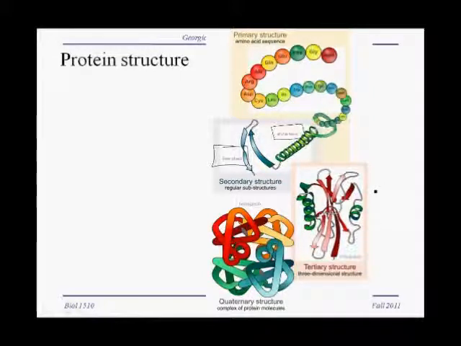Then the overall three-dimensional shape of the protein, how the secondary structure elements are arranged spatially with respect to each other and the connecting elements in between, is the tertiary structure. And then some proteins are composed of multiple polypeptide chains. So this would be a single polypeptide chain. And when you have multiple polypeptide chains getting together, that is quaternary structure.